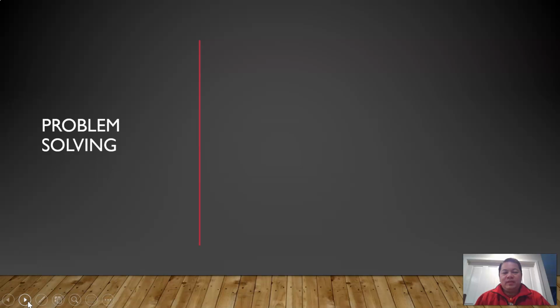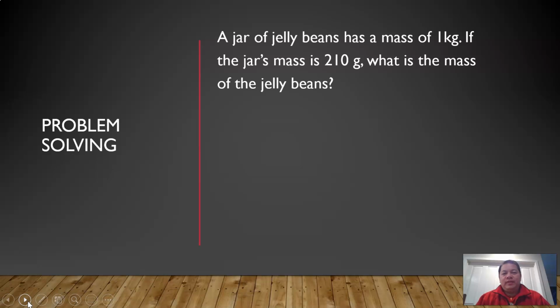Okay. So problem solving. A jar of jelly beans has a mass of 1 kg. If the jar's mass is 210 grams, what is the mass of the jelly beans? If the empty jar is 210 grams, we can easily find the mass of the jelly beans, but we first need to convert 1 kg into 1000 grams.